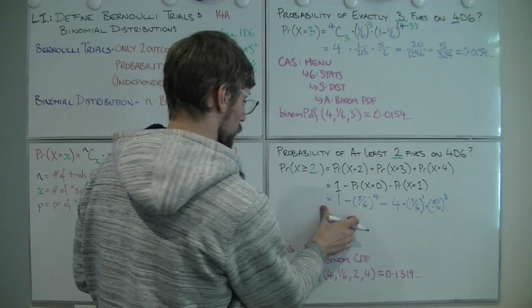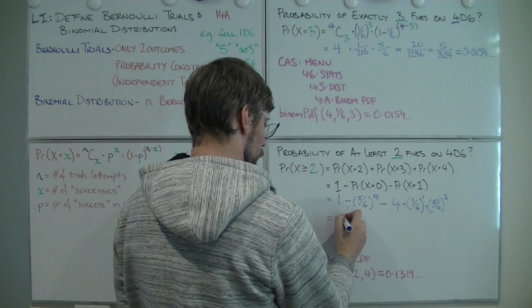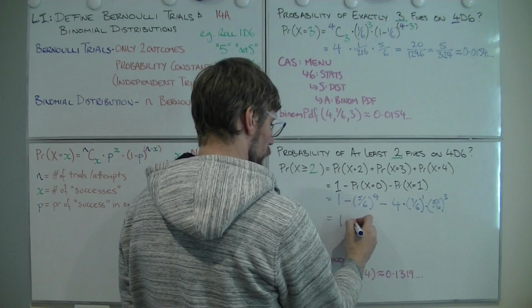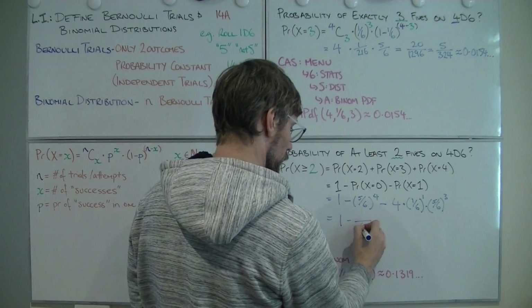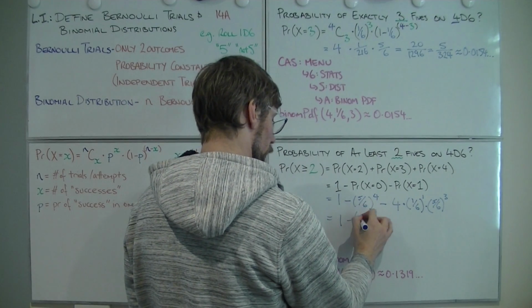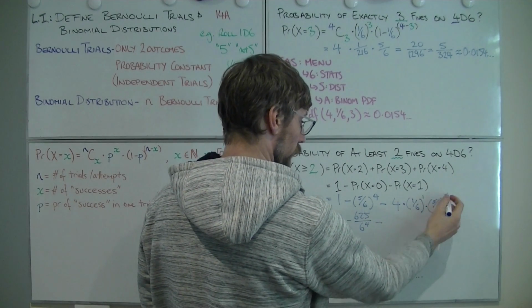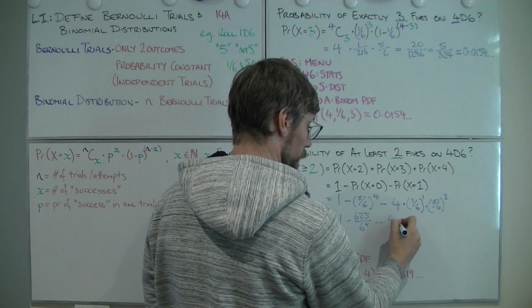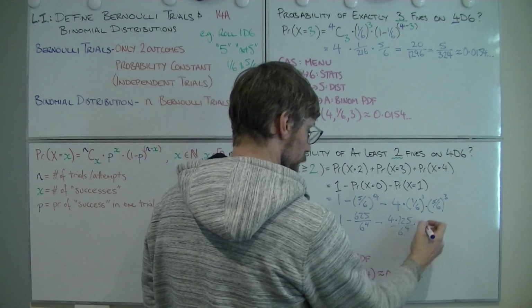Actually, no, let's do it exact still. So I've got, well, 1 minus whatever this is. I'm going to keep this as 6 to the 4 on the bottom. 5 to the 4, so what do we get? 625 minus 5 to 3, 125 over 6 to the 4.